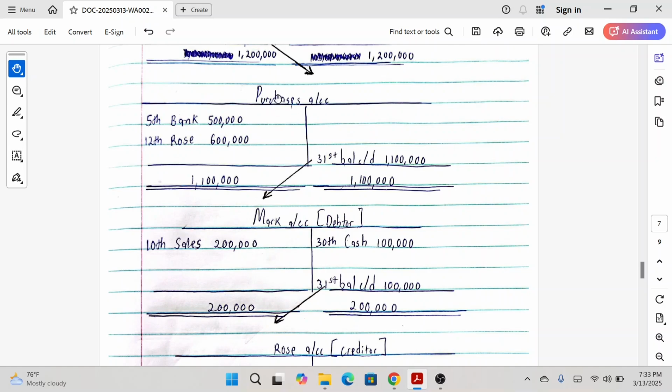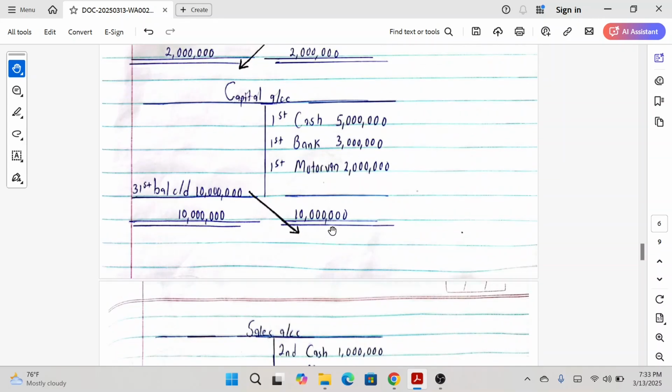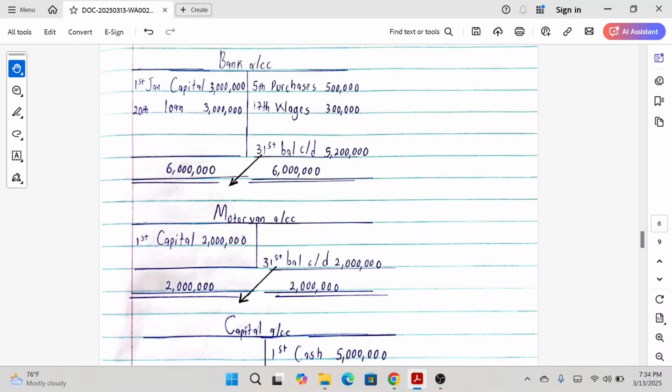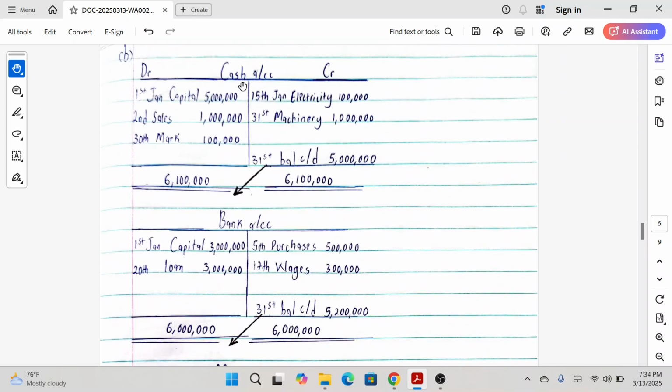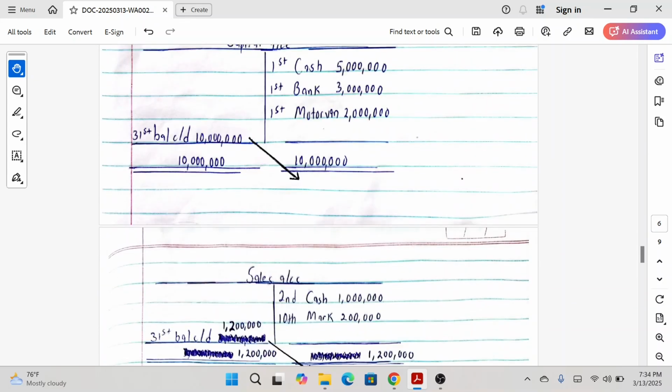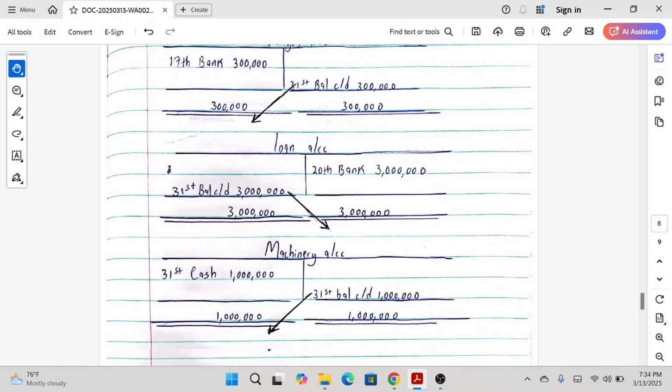So this purchases is going to have a normal debit balance. Capital, normal credit balance of 10 million. Motor vehicle, normal debit balance of 2 million. Then bank, normal debit balance of 5.2 million. Then cash is going to have a normal debit balance of 5 million. So it's what you come and post on the trial balance.